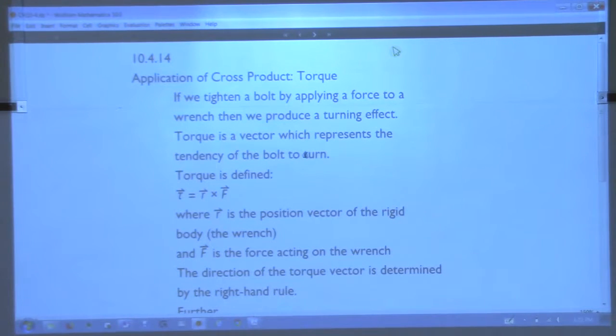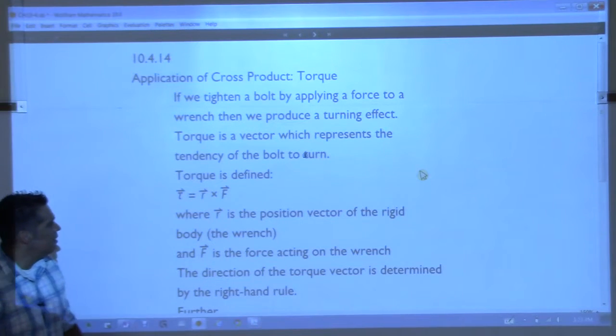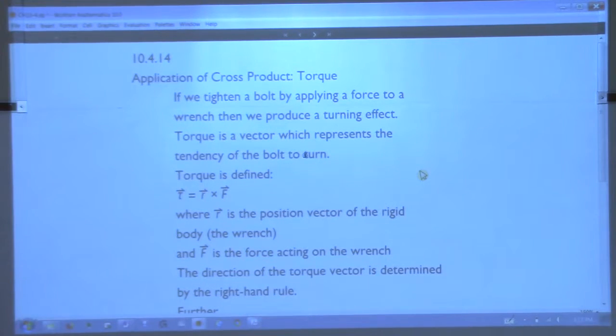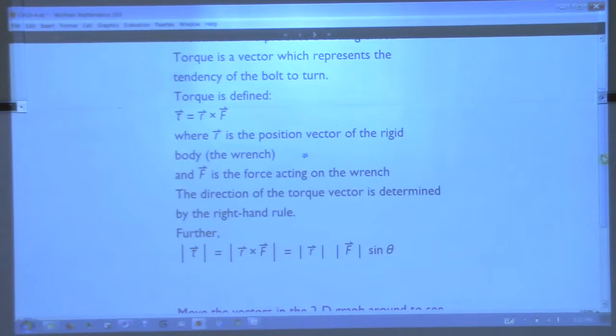Okay, application. Cross product torque. If we tighten a bolt by applying a force to a wrench, we produce a turning effect. Torque is a vector which represents the tendency of the bolt to turn. Torque is defined to be r cross F, where r is the position vector of the rigid body, the wrench, and F is the force acting on the wrench.